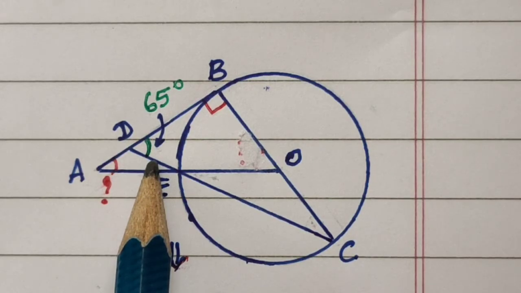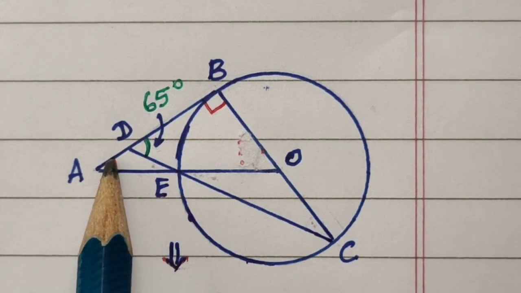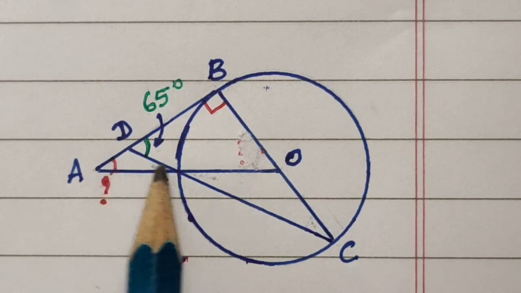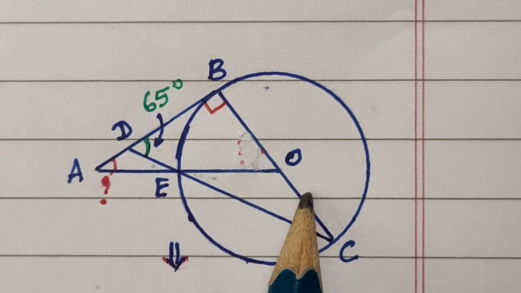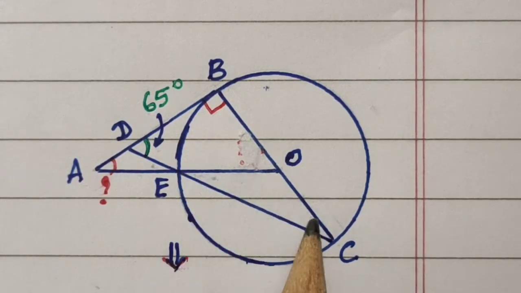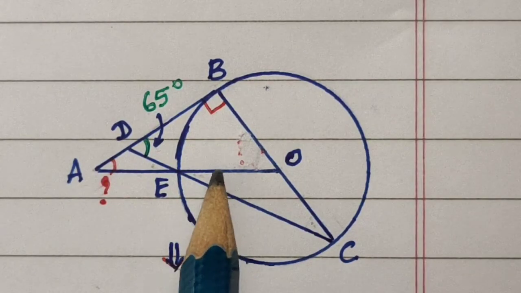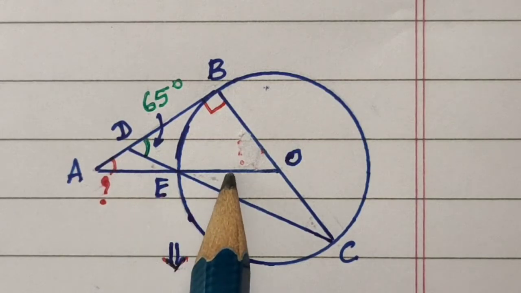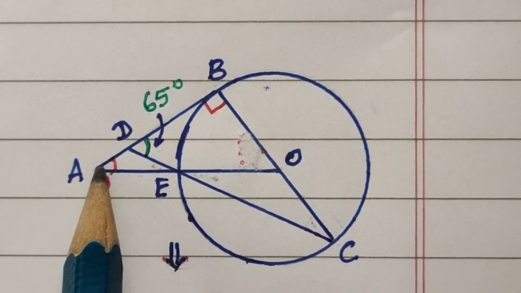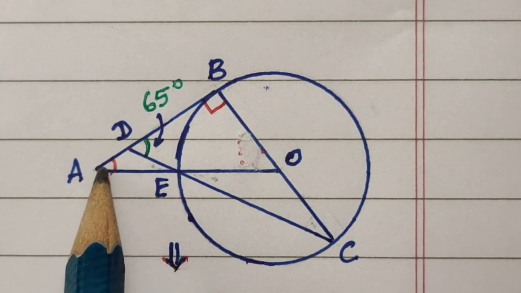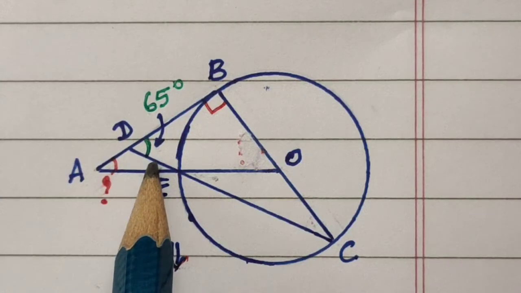We need to come to here. What we did, we found out this, then we found out this, because these two sides are equal and so the opposite angles are equal. Then this is equal to this, because it is a vertically opposite angle. If you consider AD as a triangle, we need to find out this. We already know this as 25 degrees.